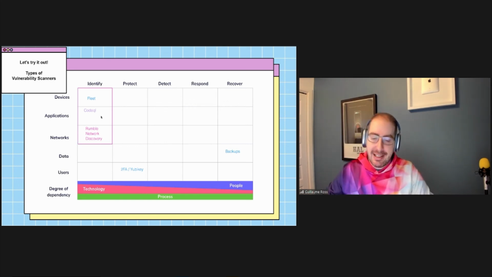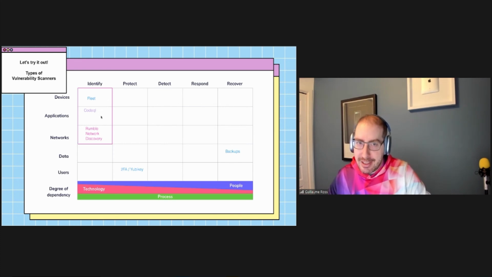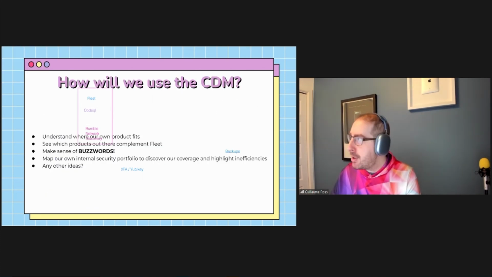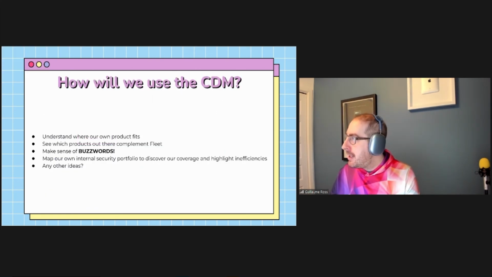So a container is not like a physical device you can touch like a laptop, but then we could say the same thing about virtual machines. So that's essentially how mapping things on the Cyber Defense Matrix goes. And we could talk a lot more about different tools and look at the other columns, but we only have half an hour. So I'm just gonna clear the annotations right now.